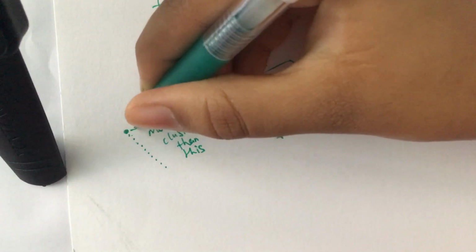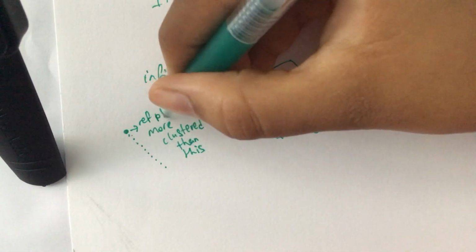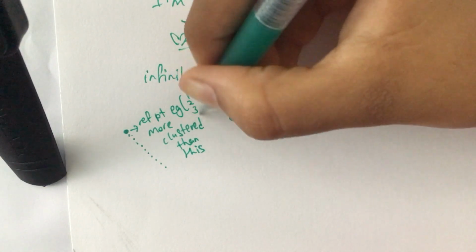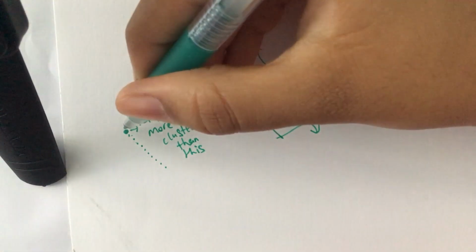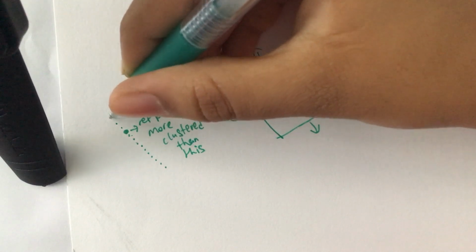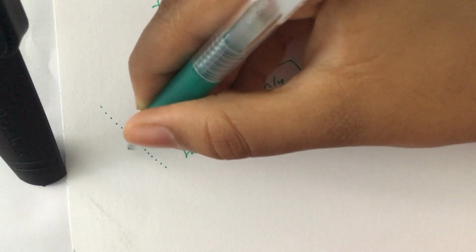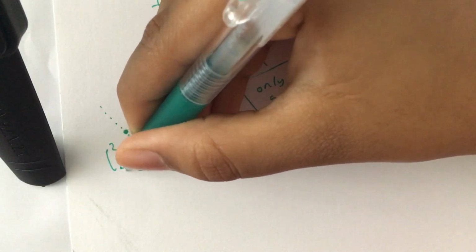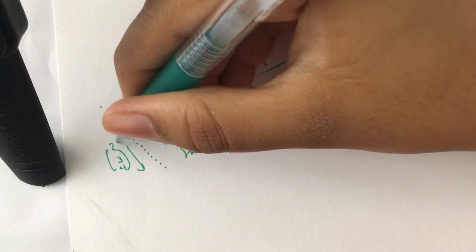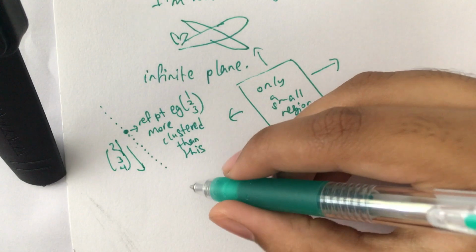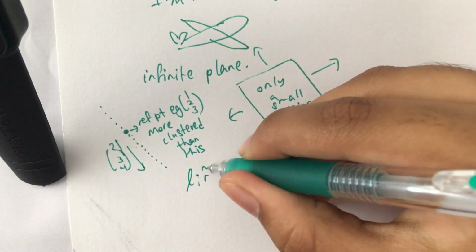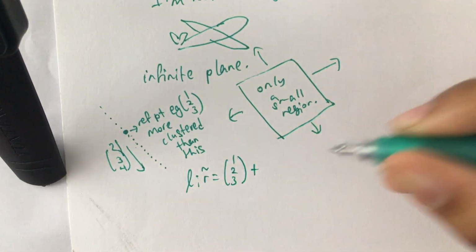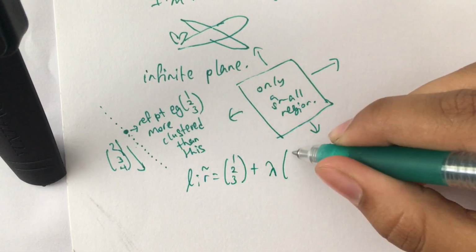For example, you can have (1, 2, 3). I do not know why I like 1, 2, 3 so much. That will be an example for the reference point, and your direction vector could be, for example, (2, 3, 4), and your final line would be something like (1, 2, 3) plus lambda, or any scalar unknown, times (2, 3, 4), which is your direction vector.